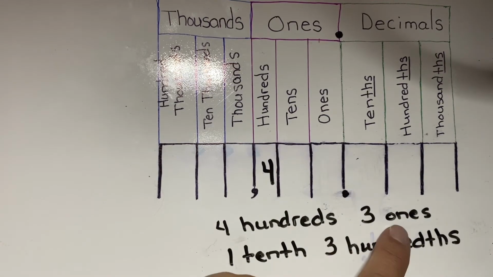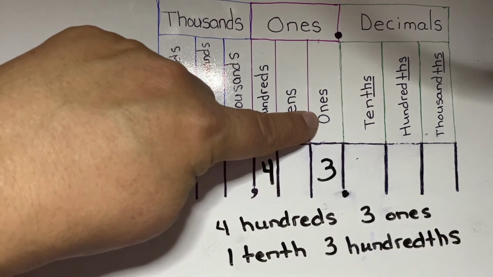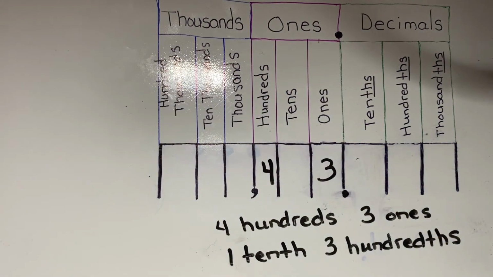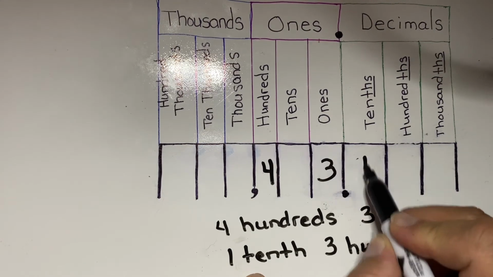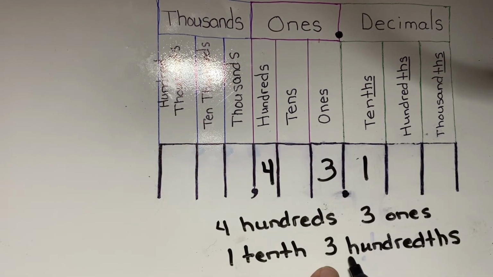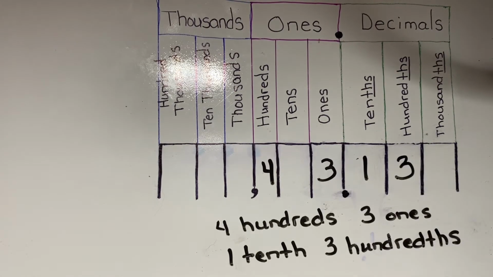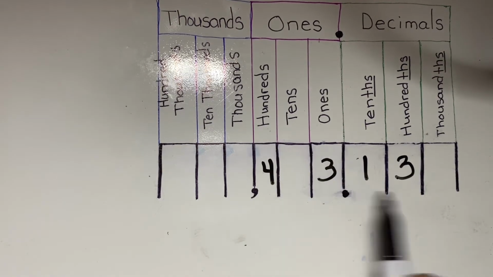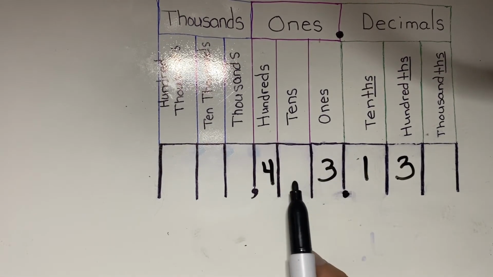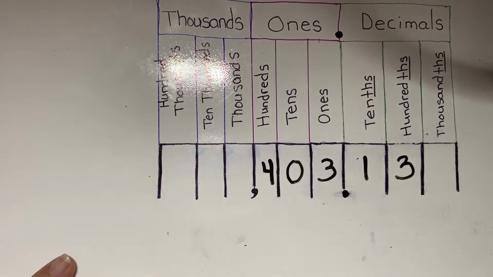I have 3 ones, here's the ones, I have 3. 1/10, here's the 10th, I have 1. 3/100, here's the hundredths, I have 3. So now this isn't a number because this has to be filled in with something. I don't have any tens, so I have to fill this in with a 0, just like that.